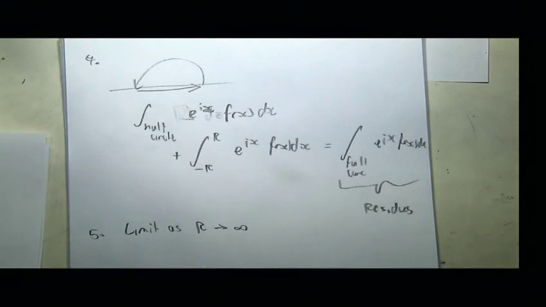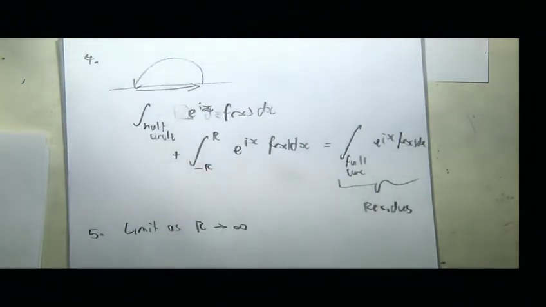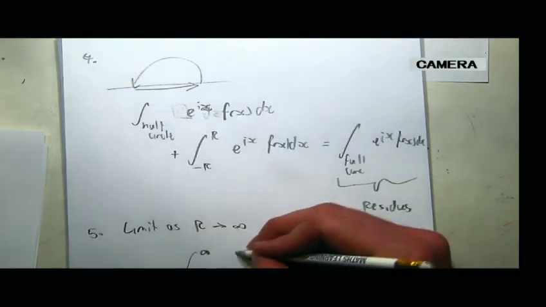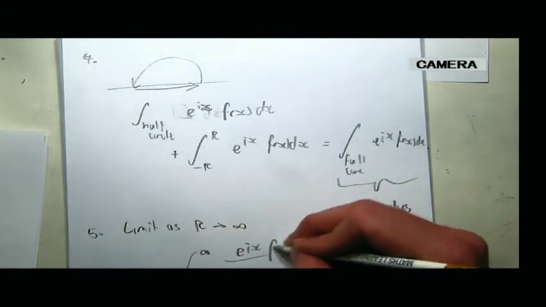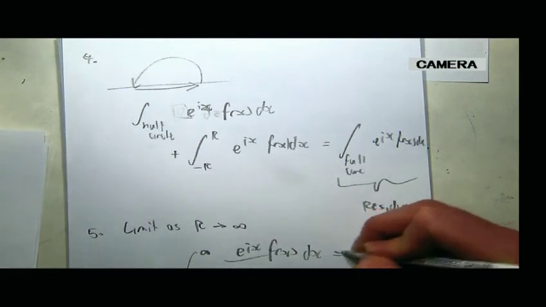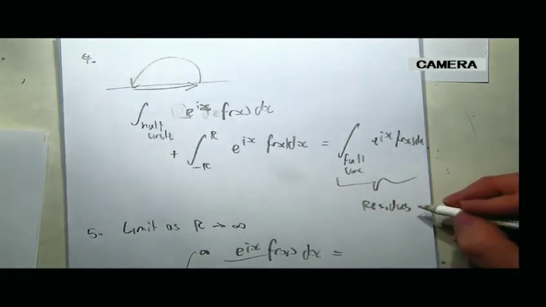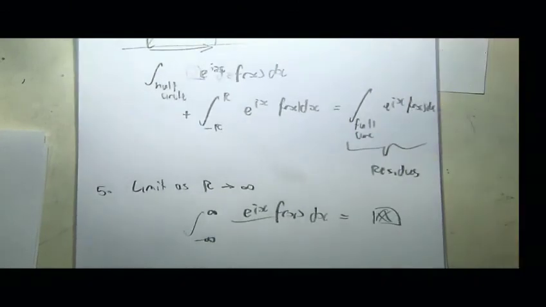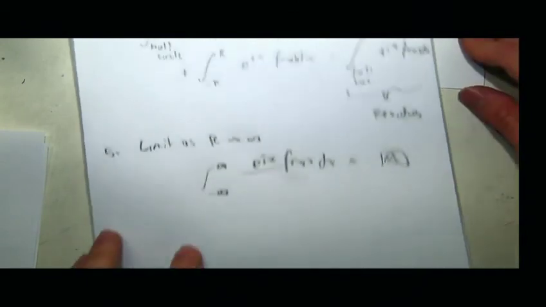And the limit of this bit is almost what we wanted. So we're going to get the limit integral from minus infinity to infinity of e to the i x f of x dx equals whatever the residue thing came out to be. Right, and then you do the real bit or the imaginary bit, and you get the bit with the sine or the cos.